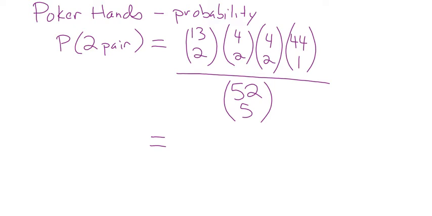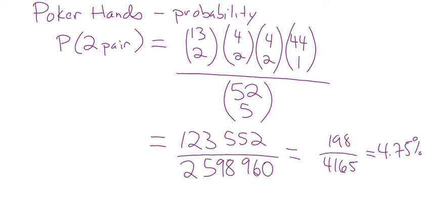So I'll pause. We'll wait. And we're back. And we have the numbers. So 123,552 possible two pairs out of 2,598,960, 198 out of 4165 and 4.75%.